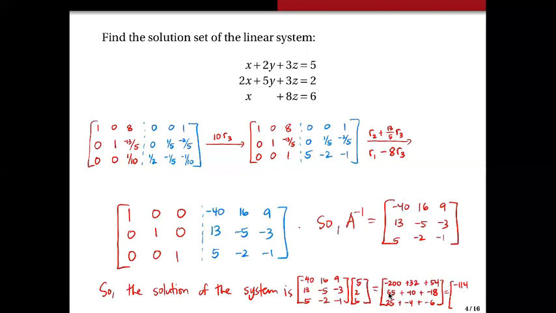And then here, 65 minus 10 minus 18. So minus 18 minus 10, that's minus 28. 65 minus 28, what would that be? We have 37. And then in here, we have 25 minus 4 minus 6. So 25 minus 10, that's just 15. So this is the solution to this linear system. Okay?